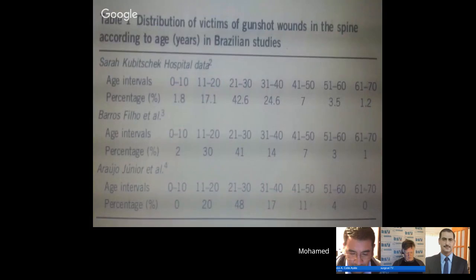This schedule shows the distribution of gunshot injuries in Brazilian studies. The study showed a high incidence of spinal penetrating injuries at the age between 21 to 30. All studies said that.